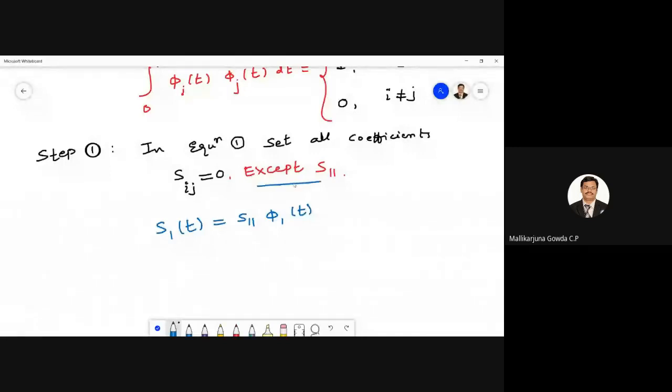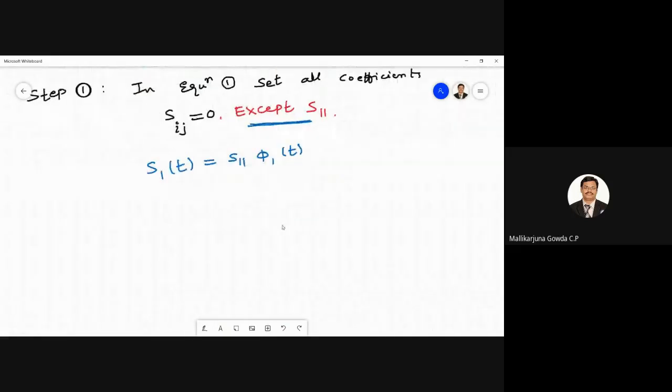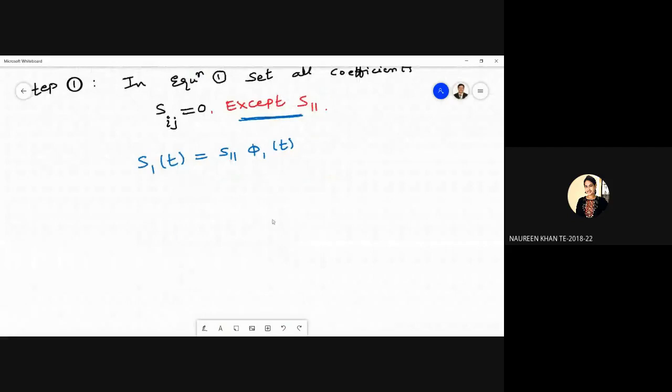With respect to that, I can write S1 of t as S11 phi 1 of t. Is this fine?